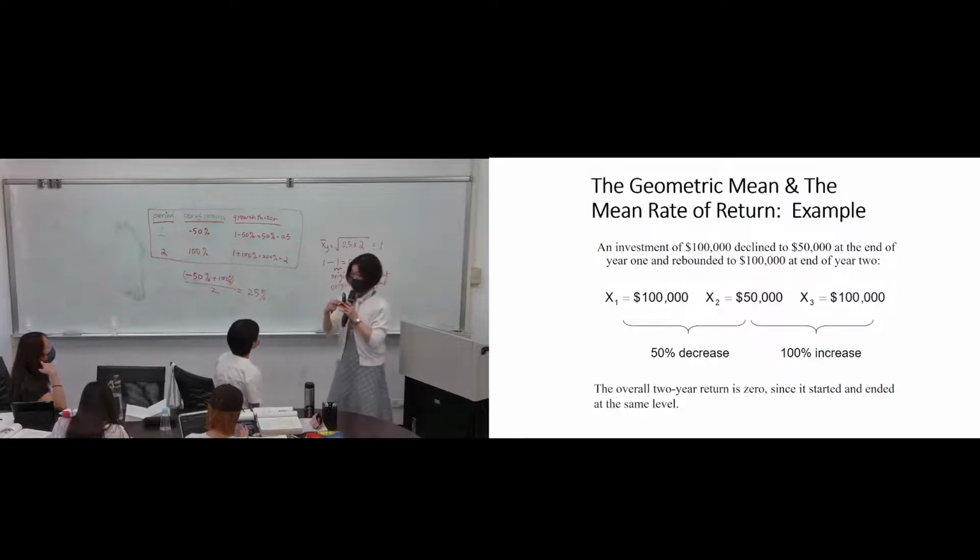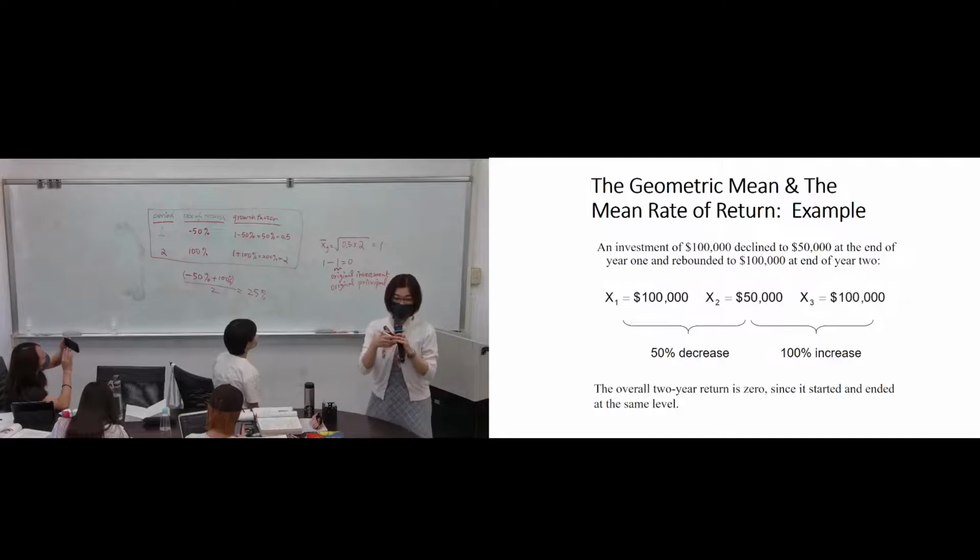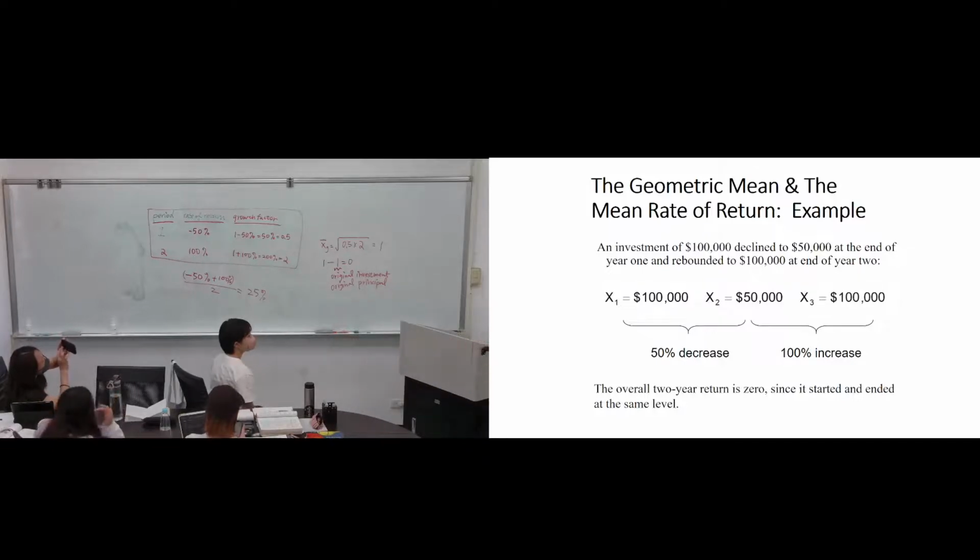After the deduction, the average rate of return per period is actually 0. So we have no gain and no loss per period. You see the difference. That is how we find the average growth rate per period. And this is the arithmetic mean rate of return.